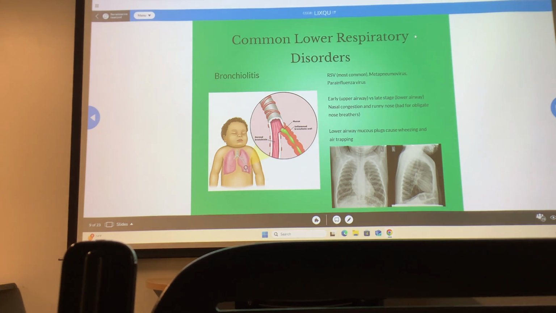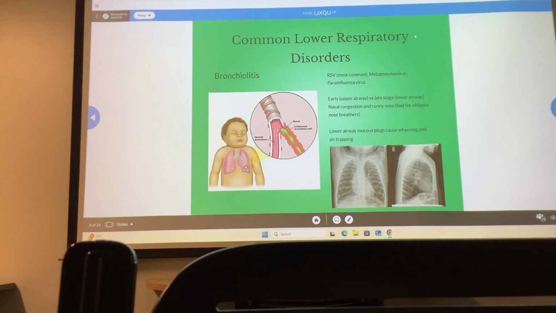So there's parainfluenza 1 through 4, influenza A and B, enterovirus, rhinovirus, the human metapneumovirus, RSV, but RSV is the most common cause, okay?